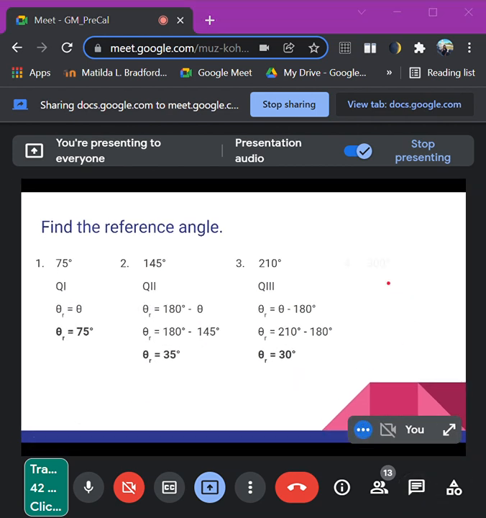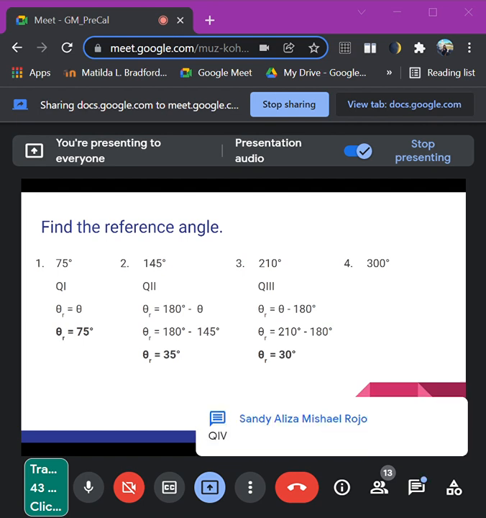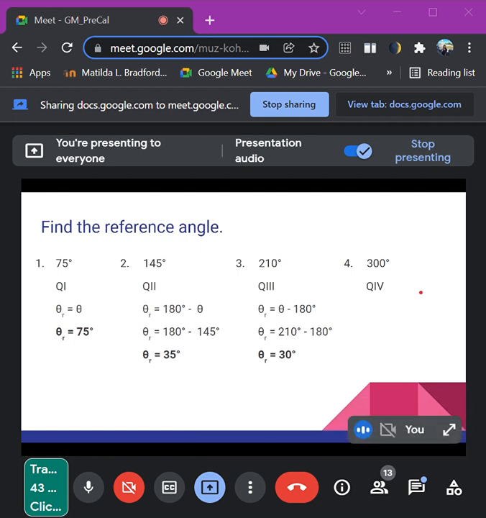Okay. So let's proceed with number 4. We have here 300 degrees. What quadrant is it? 1, 2, 3, 4. Okay, quadrant 4. So, what is the formula in quadrant 4?